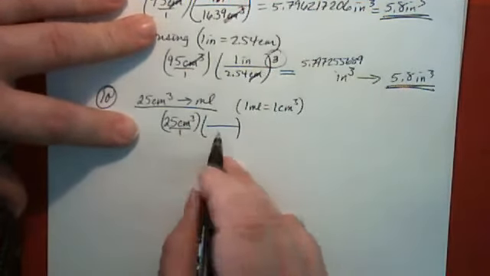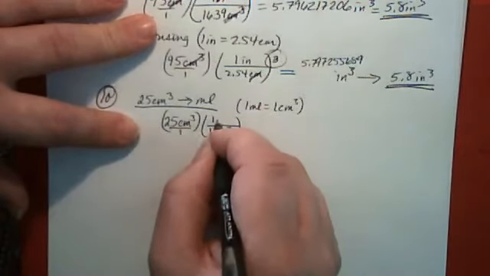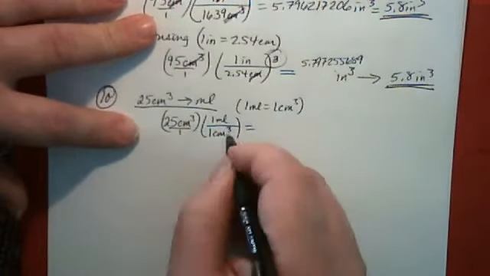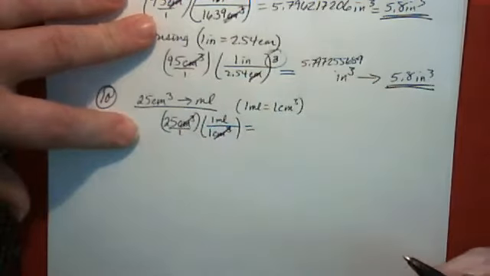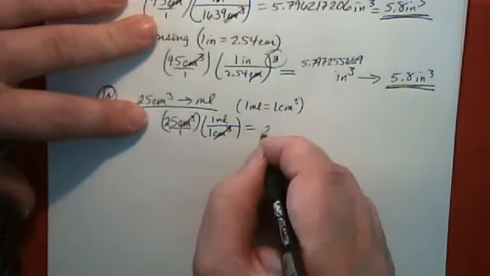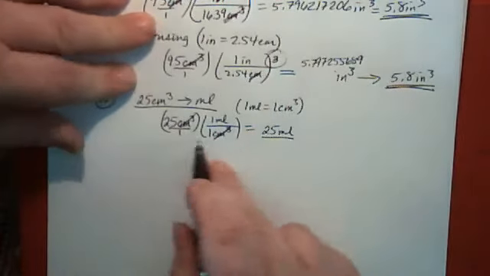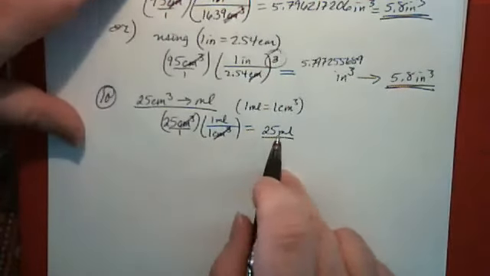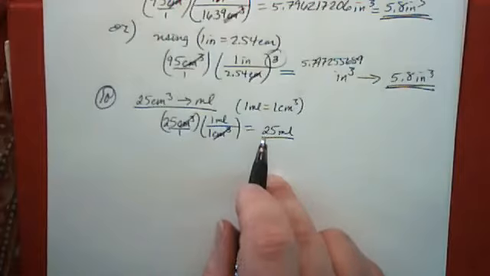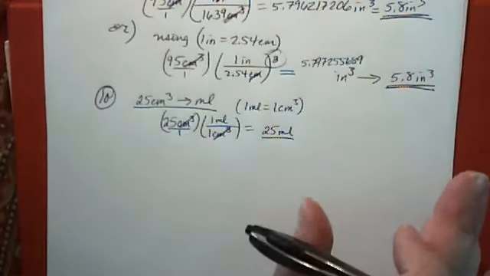Obviously, cubic centimeters should go on the bottom, and milliliters should go on top. Cubic centimeters will cancel out, and when you multiply the numbers out, what do you know? It's 25. This is the formal, official way to do it. But knowing that they're the same, you could really just say it's the same number.